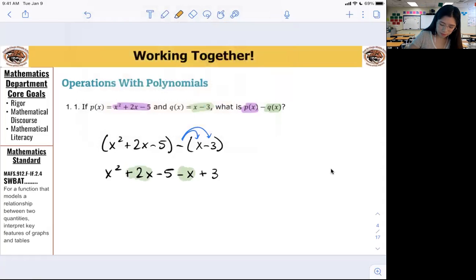And then I also have negative 5 and positive 3. What is my final answer going to be once I combine everything? Final answer. Who wants to share?